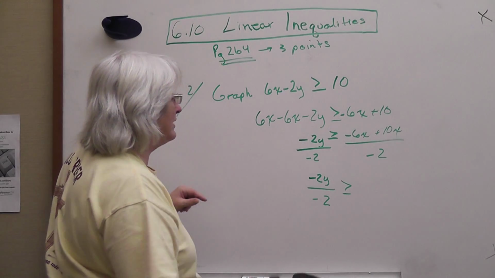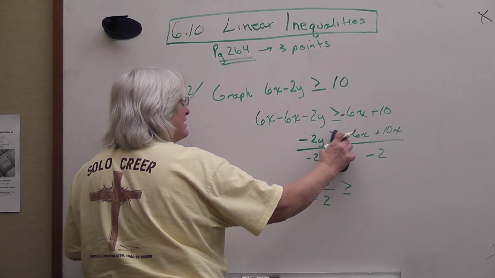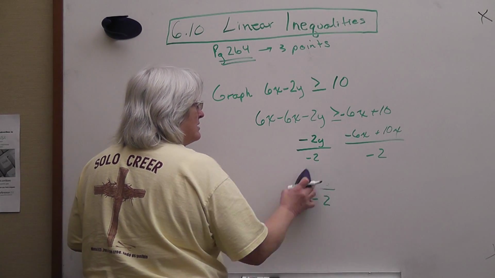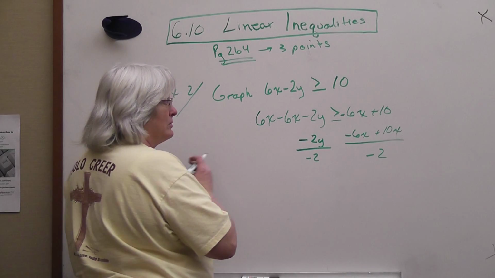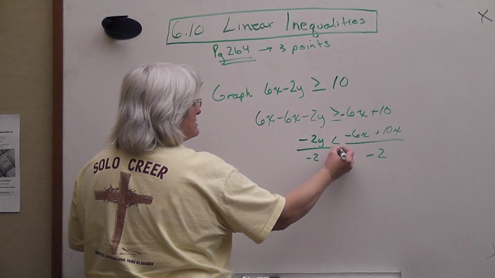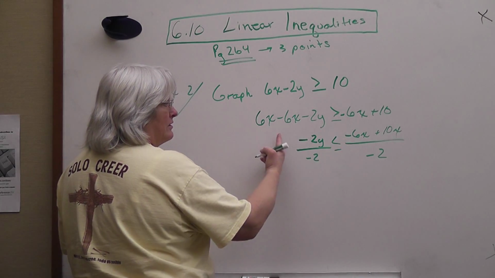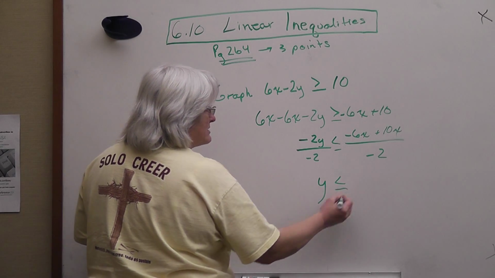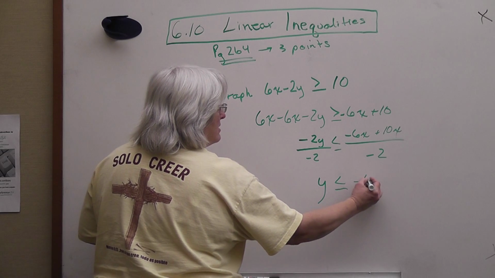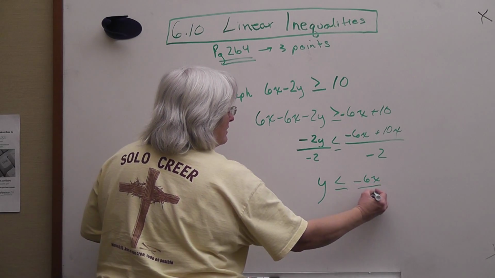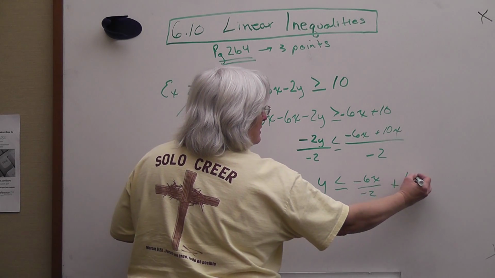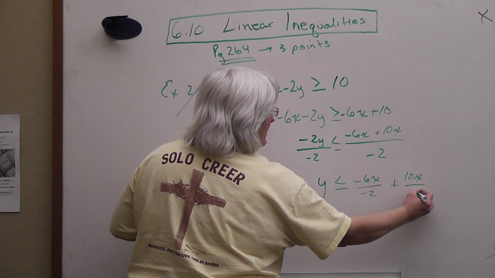If you multiply or divide by a negative number, the direction of the inequality changes. So it goes from greater than or equal to, in this case, to less than or equal to. Negative 2y divided by negative 2, y is less than or equal to negative 6x divided by negative 2 plus 10 divided by negative 2.